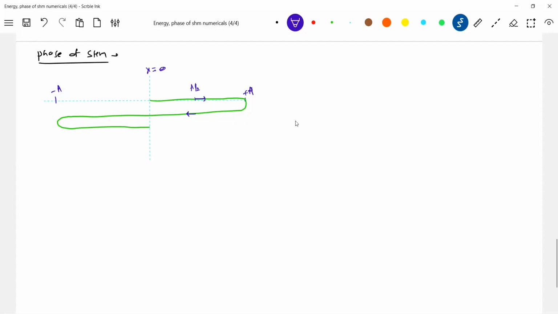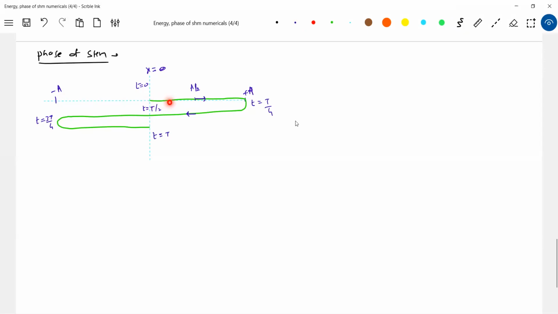Will it be at t equals 0? It will start here. After what time will it be here? T equal to T by 4. Am I right? T equal to T by 2, 3T by 4. This is one more fundamental observation a student is asked to make. So look at this one.